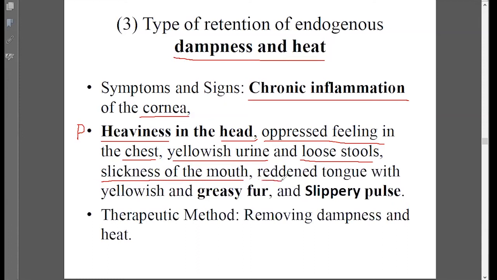Red tongue is heat. Yellow tongue coating is heat. Greasy tongue coating is dampness. Slippery pulse is dampness. So that's the pattern, a combination of dampness and heat. So we say remove dampness and clear heat, benefit the eyes for this pattern.